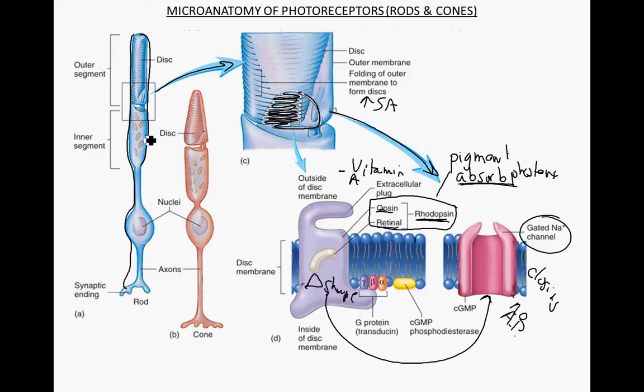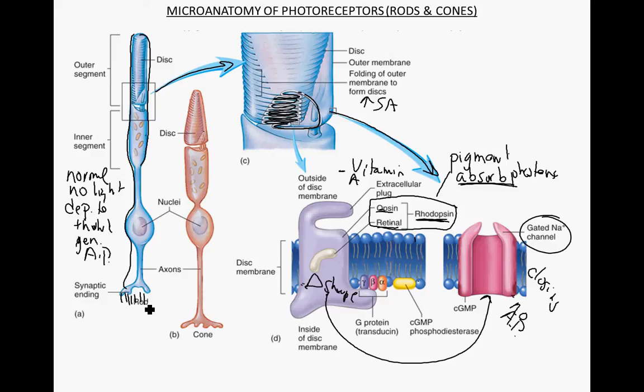So its normal state when there is no light hitting them is that they're depolarizing to threshold and generating action potentials. So they're releasing neurotransmitters here.